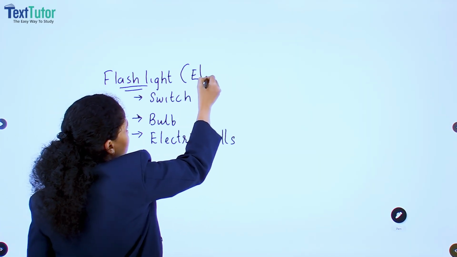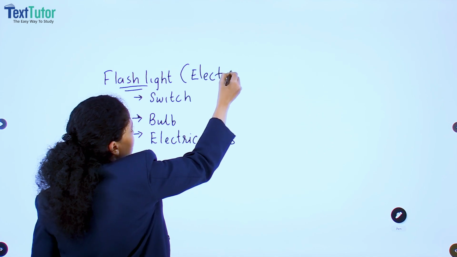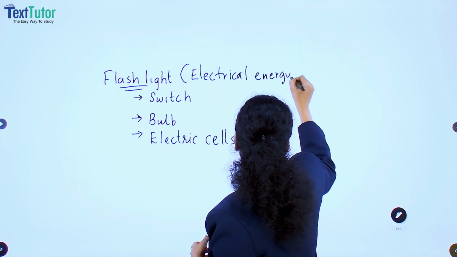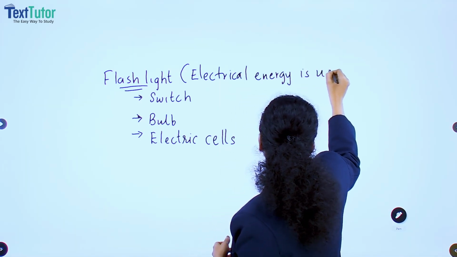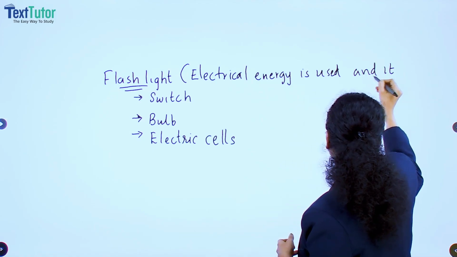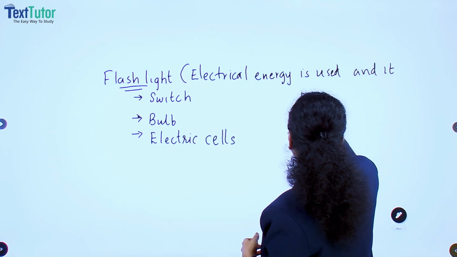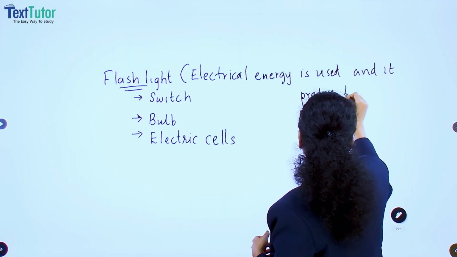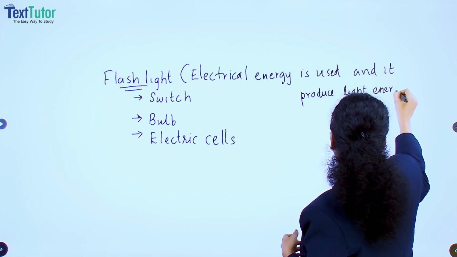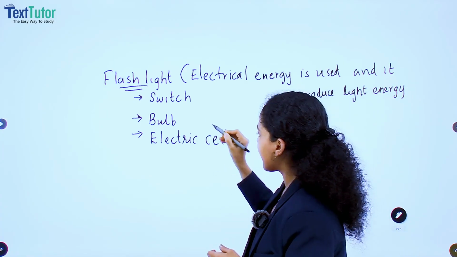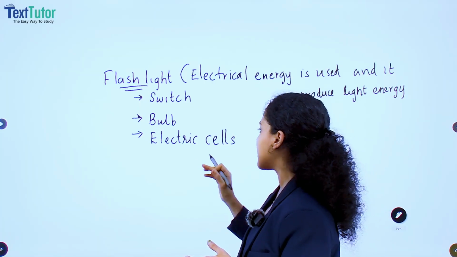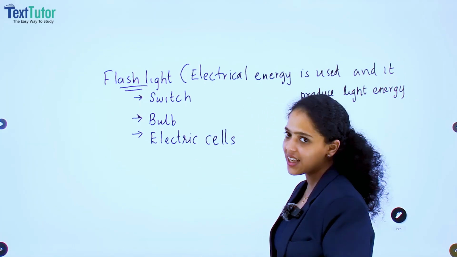So it is clear, in a flashlight electrical energy is used up and it produces light energy. And a flashlight contains a switch which we slide forward and backward, a bulb, and two or more electric cells.